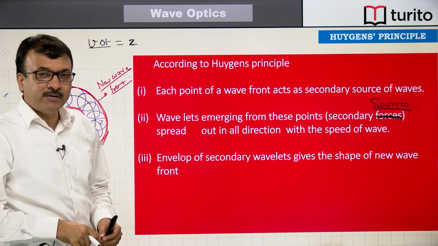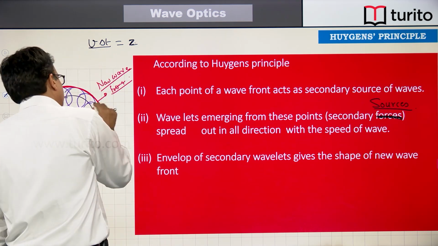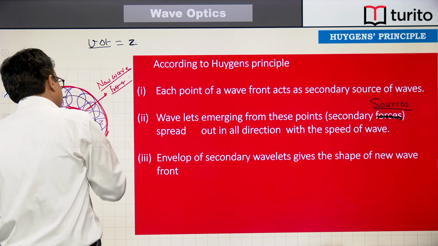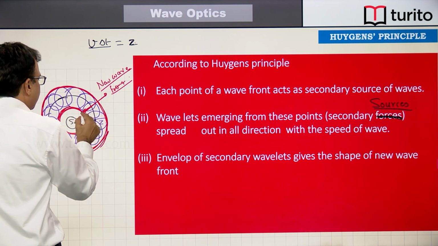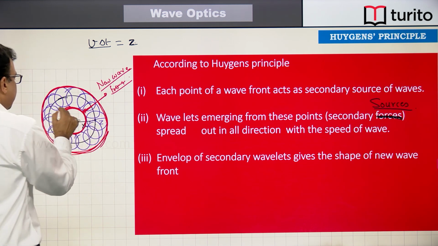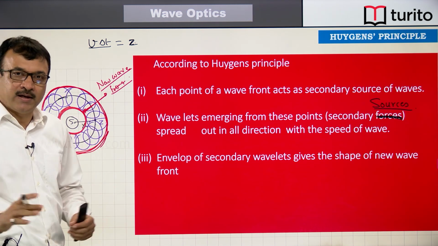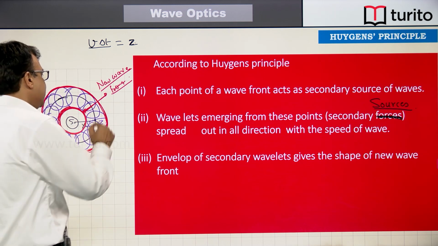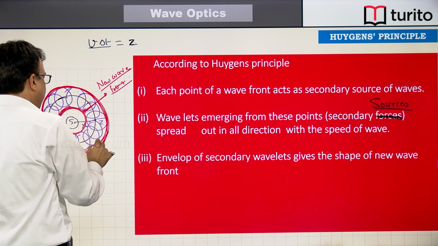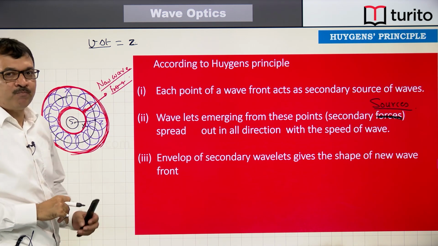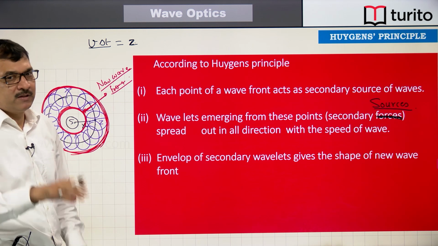The amplitude is maximum along the direction of propagation of the wave, in this direction, and in the opposite direction the amplitude is 0. So the intensity at this position is 0. So this wavefront is meaningless. Only those wavefronts are relevant which are propagating along the direction of propagation of the wave.